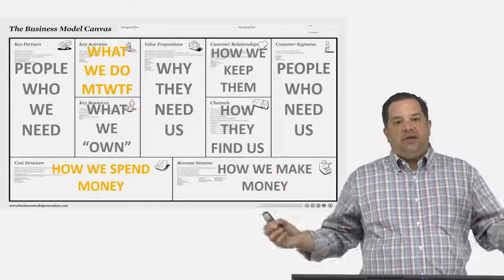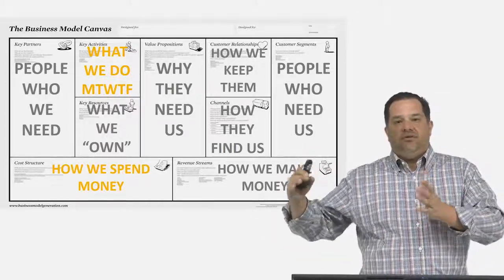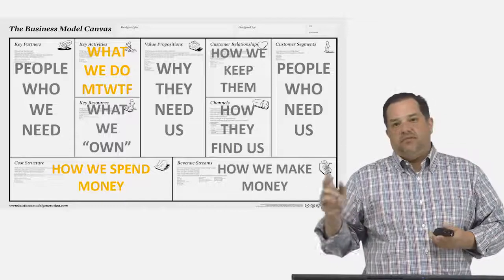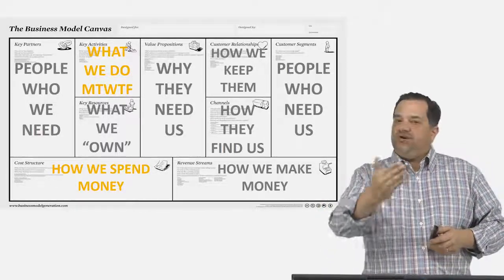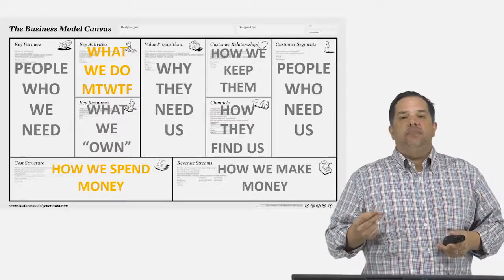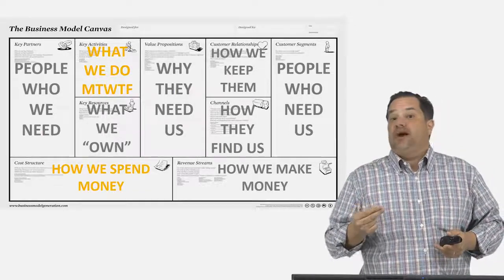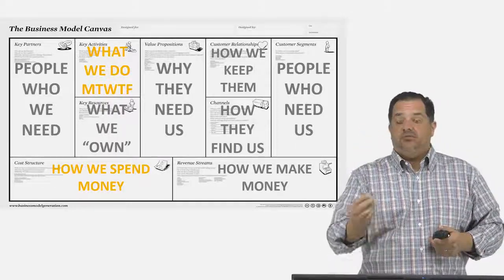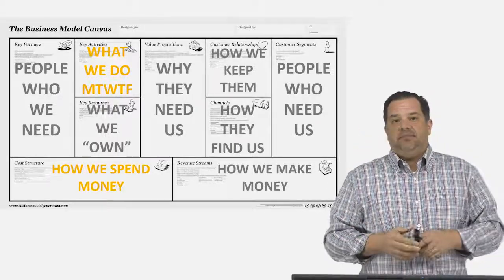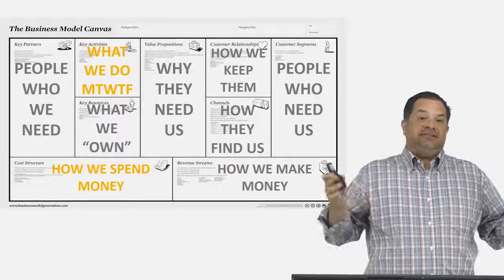So bringing that all together, the right side of the canvas, box 1 and 2, people who need us, why they need us, our channels, how we deliver our message, how they find us or how we find them, our customer relationships, how we keep them, our revenue streams, how we make money, and then the left side of the canvas, how we spend money.